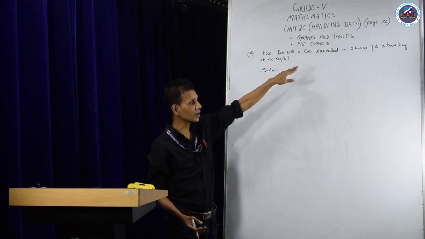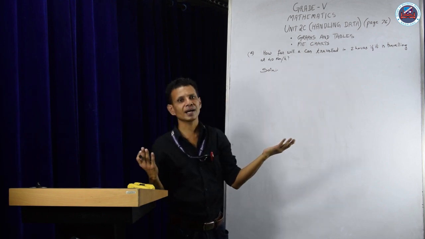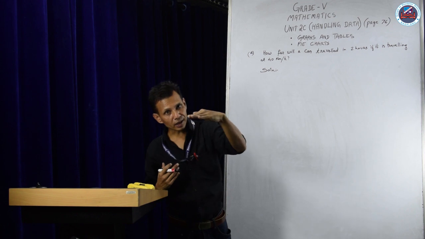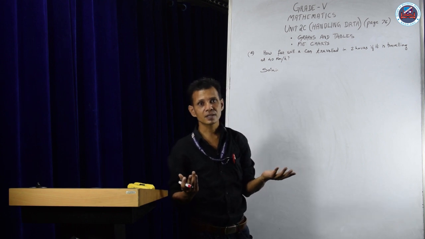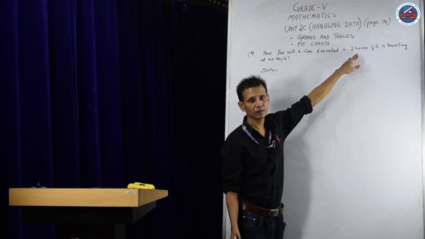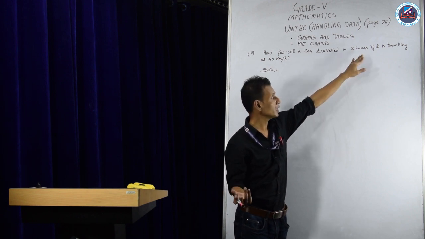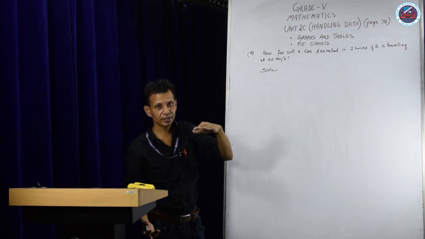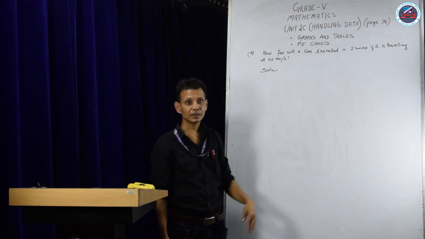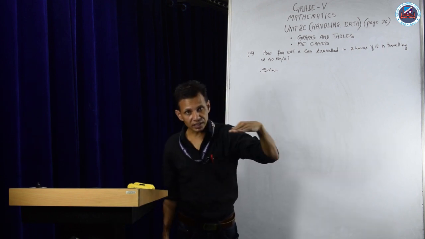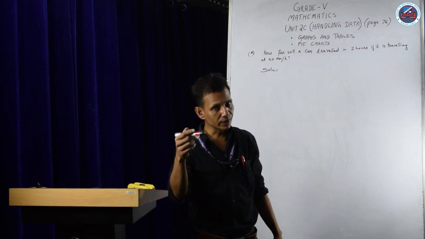How far will a car travel? From that part, we understood that we are asked to find distance. Correct? That means time is given, and speed is given. In 2 hours, this is time, given as 2 hours. If it is traveling at 40 kilometers per hour, that means the speed of the car is 40 kilometers per hour.